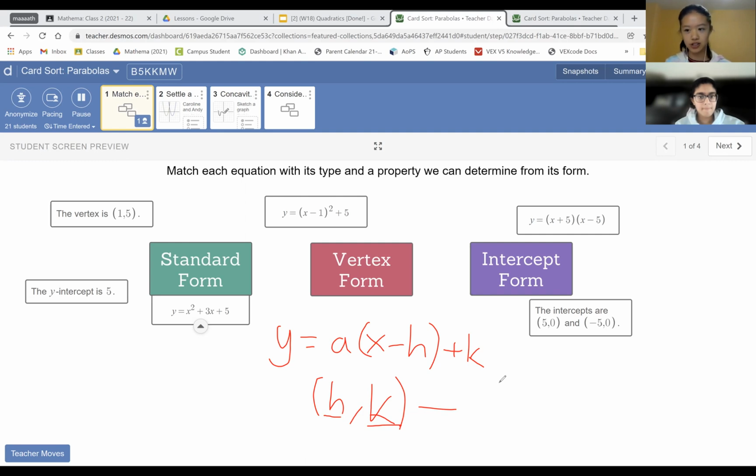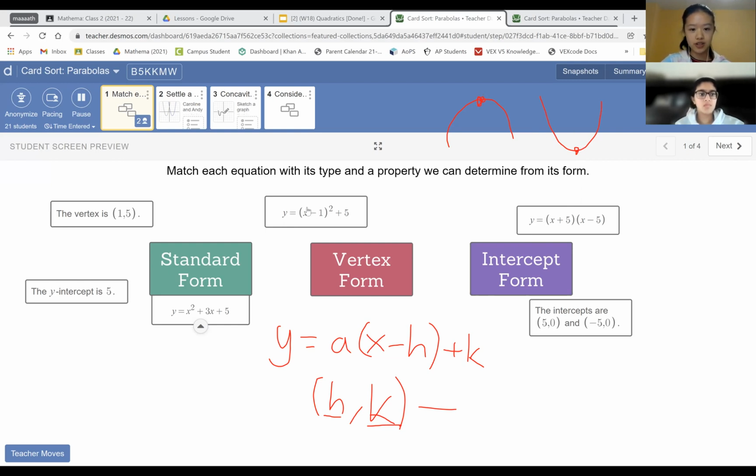And by the way, as a reminder, the vertex is basically the pointy thing on the parabola. If this is a parabola, the vertex would be this maximum point right here. And if this was a parabola, then the vertex would be this pointy thing down here. So vertex form makes it really easy for you to find what the vertex is.